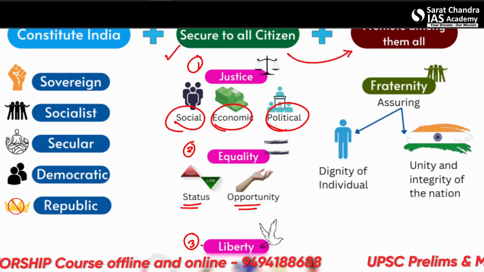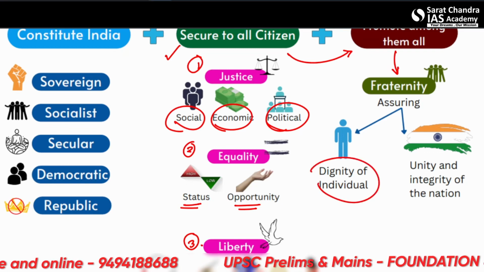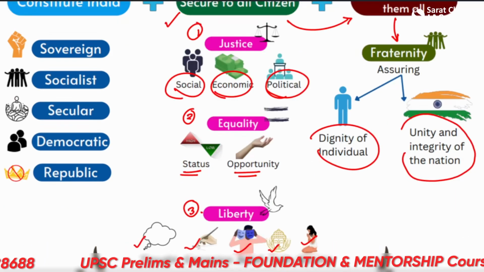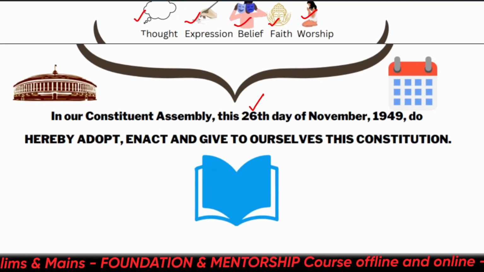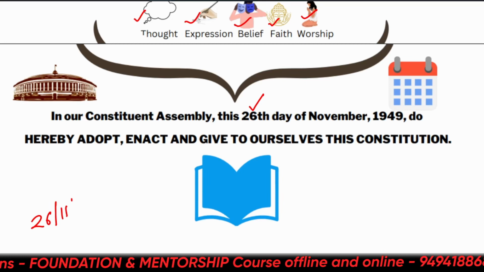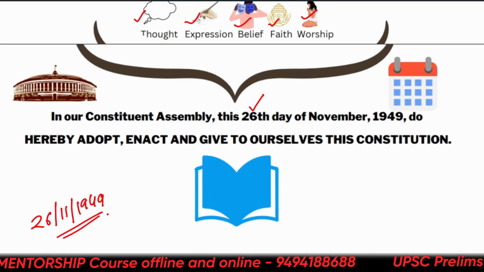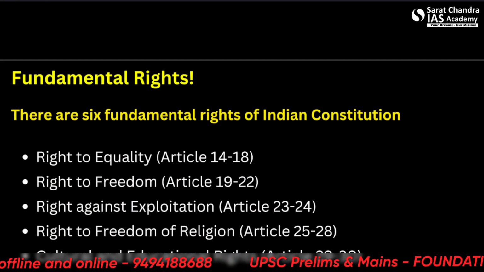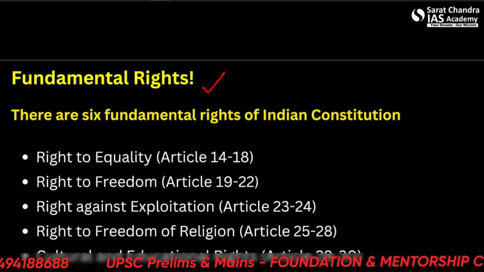And to promote among them all further what? Fraternity, which will lead to two things: dignity of the individual as well as unity and integrity of the nation. So this is the preamble. It was adopted on the 26th day of November 1949 by the people of India and given to ourselves. Now let's come to the fundamental rights.